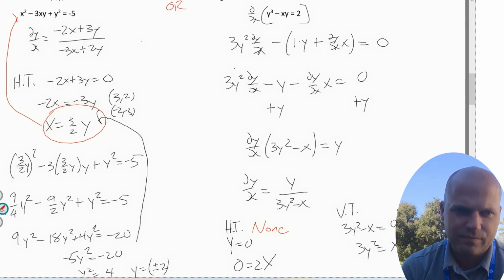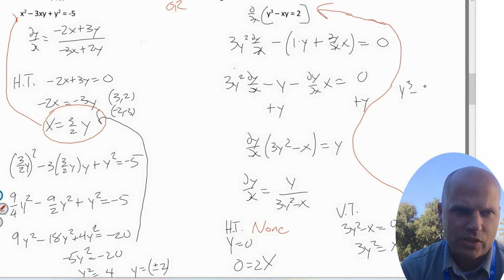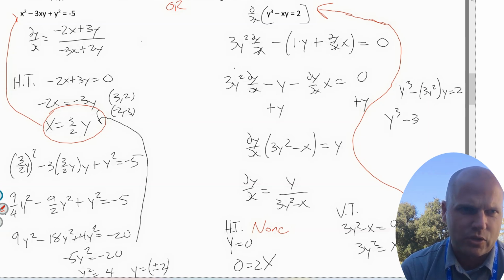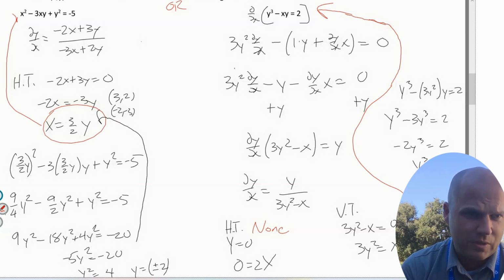Substitute back in. Get y cubed minus 3y squared times y equals 2. I get y cubed minus 3y cubed equals 2. I get negative 2y cubed equals 2. I get y cubed equals negative 1. I get y equals negative 1.